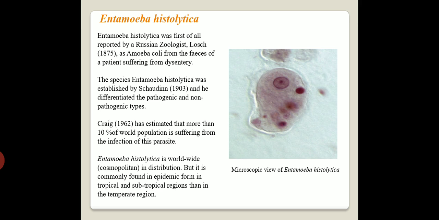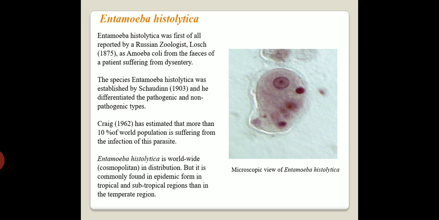The species Entamoeba histolytica was established by Schaudinn in 1903, and he differentiated the pathogenic and non-pathogenic types. Craig in 1962 estimated that more than 10% of the world population is suffering from the infection of this parasite.